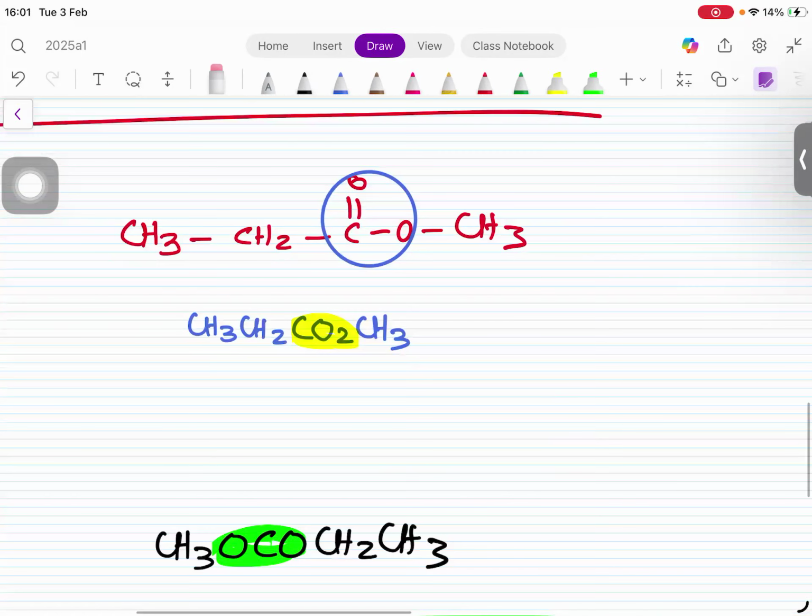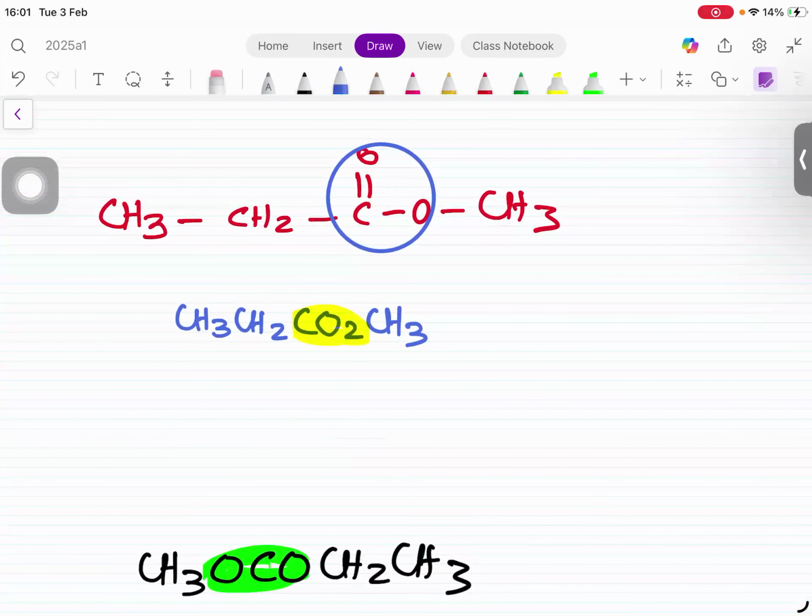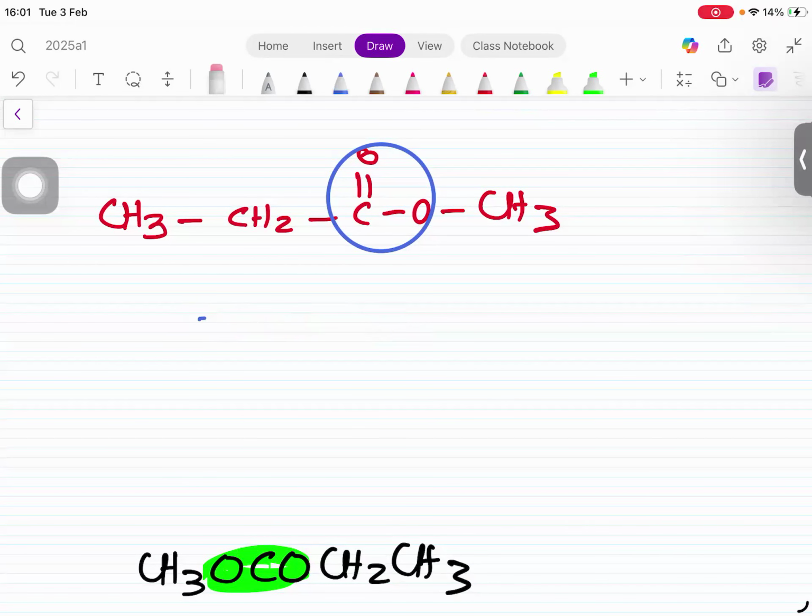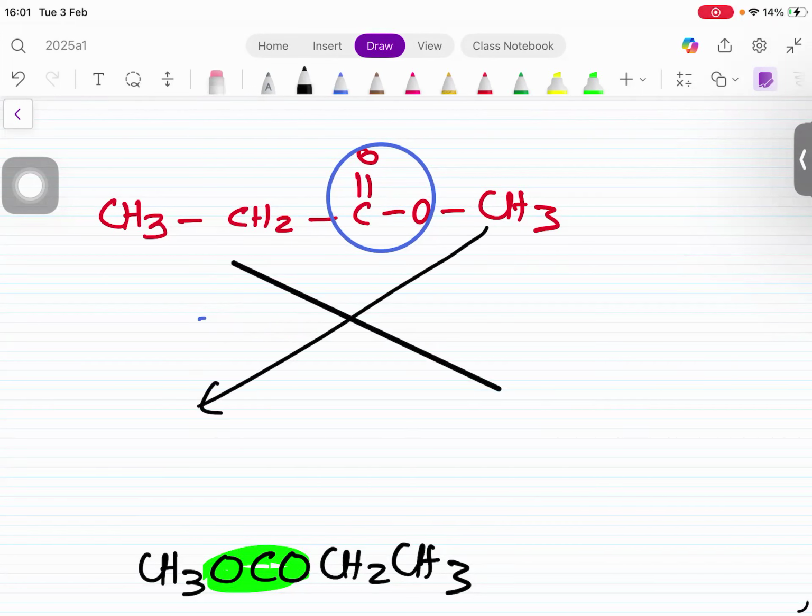Look here, look here. If you name this ester, the name is always divided into two parts, children. Please pay attention. The two parts are this one and this one. This is the part that comes from CO. Where does this part come from? So you have to add -oate with it. How much?